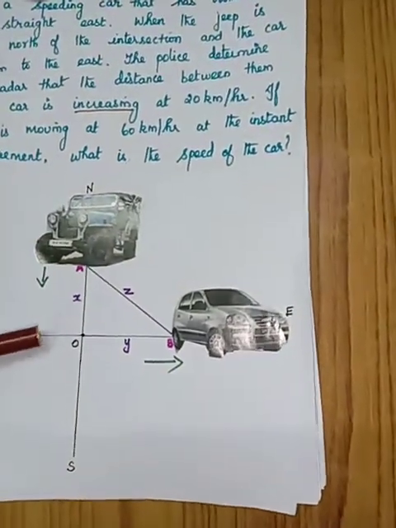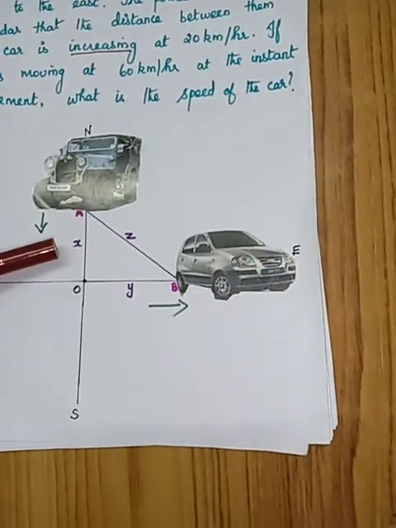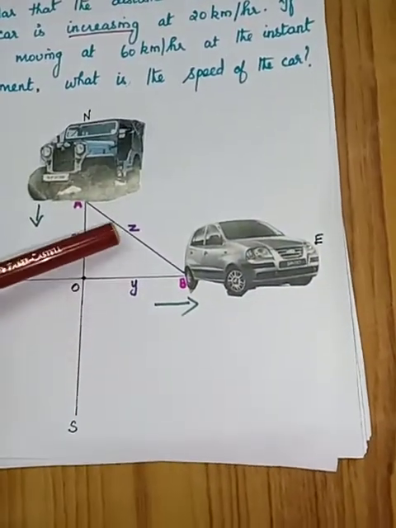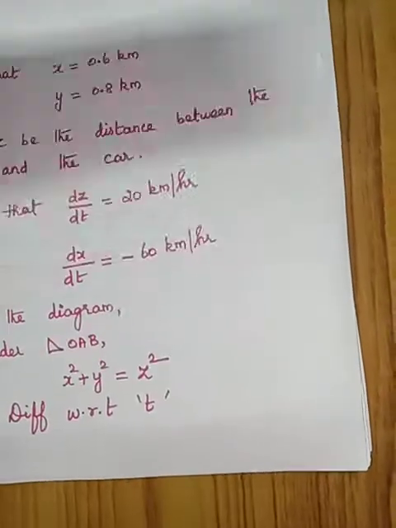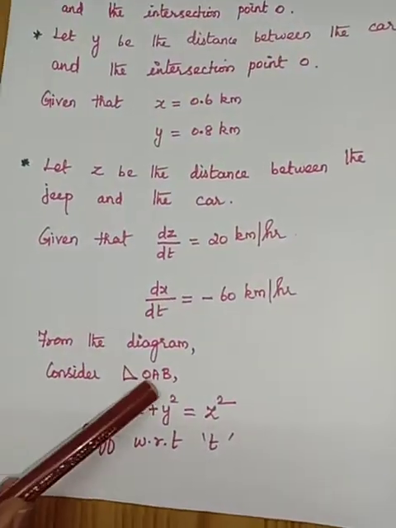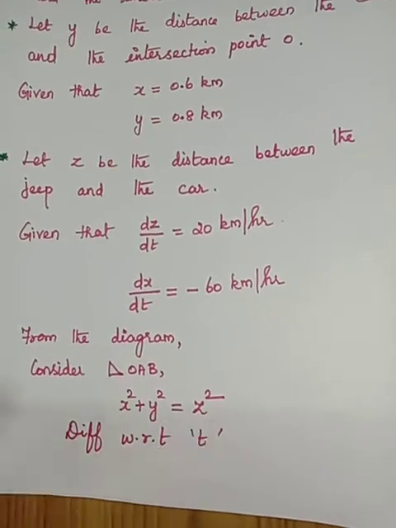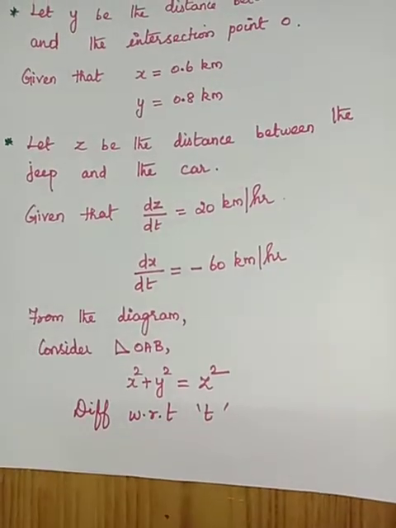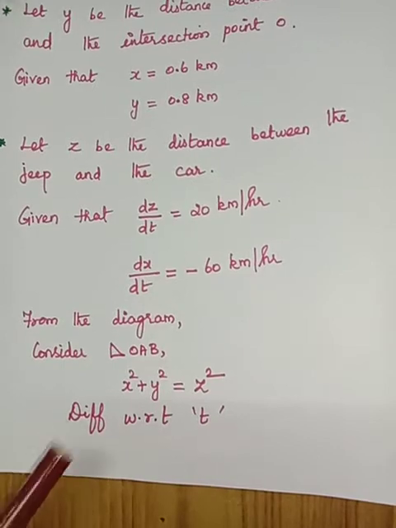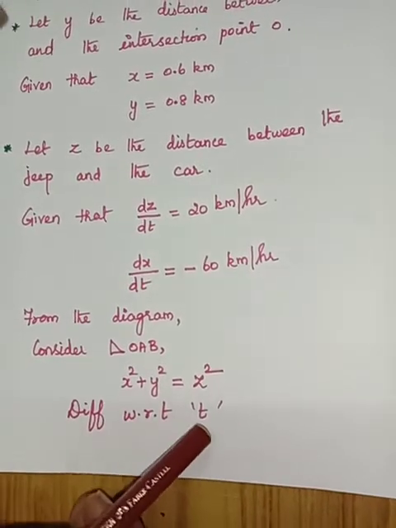Using the Pythagoras theorem, we can write x squared plus y squared is equal to z squared. The problem is with respect to time, so you have to differentiate with respect to time.